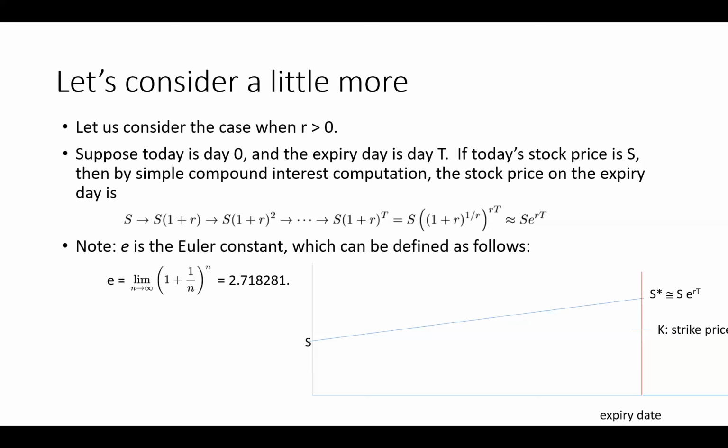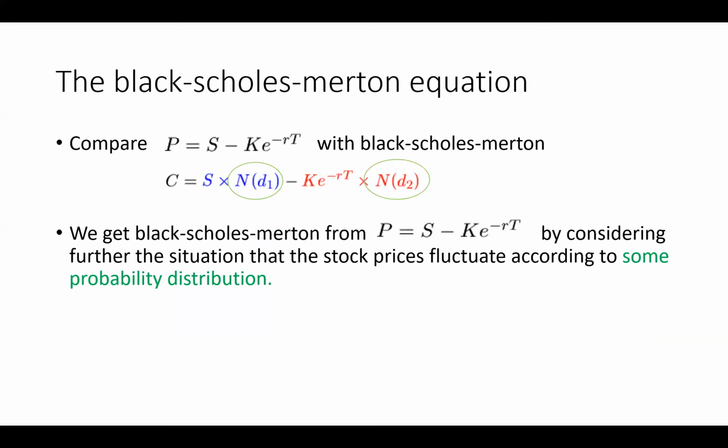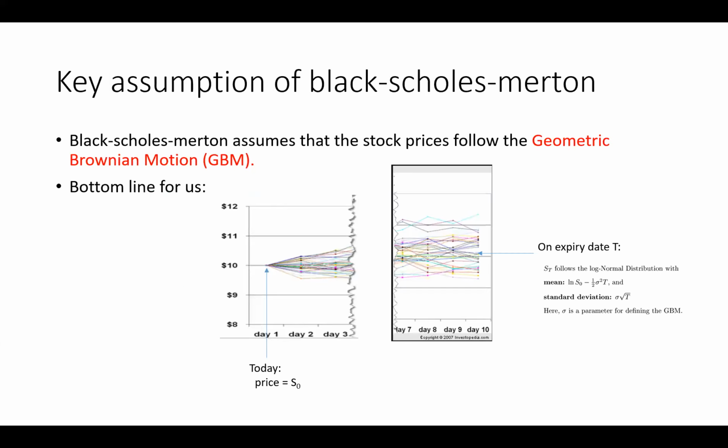Okay, so this is a very important observation. And the next contribution of Black-Scholes is to introduce a probability distribution model to model the fluctuation of the stock price, so that at the expiry date, there is an expected distribution of the final stock price, and then you put it directly into the formula that you saw earlier.